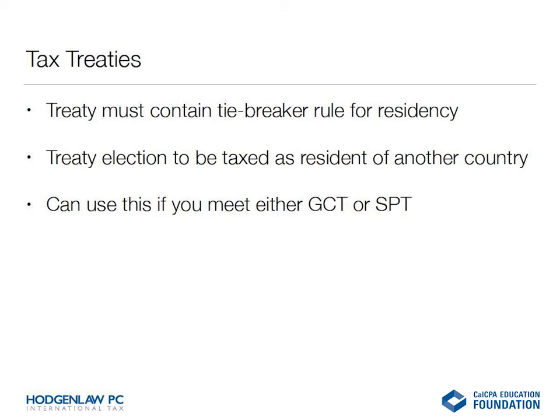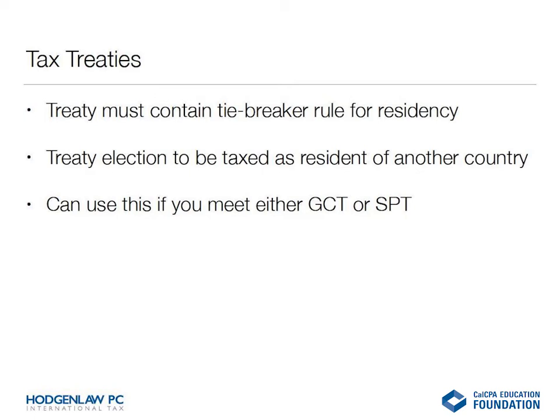But this is an option for tax purposes to make you not a U.S. tax resident. To use this, you have to be a tax resident of a country that has a treaty with the United States. You can only use the treaty if that treaty exists with your residency country. And the treaty has to contain a tiebreaker rule for residency.